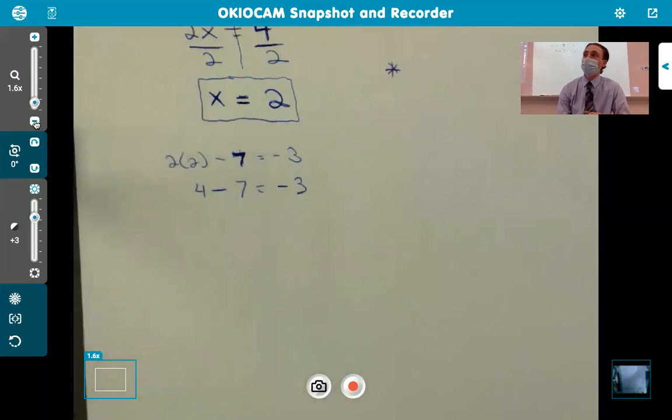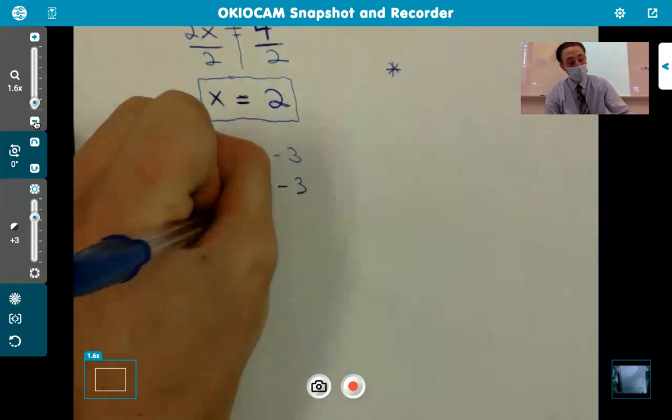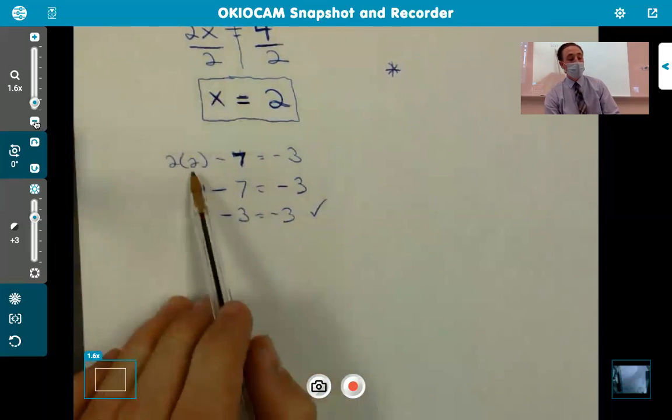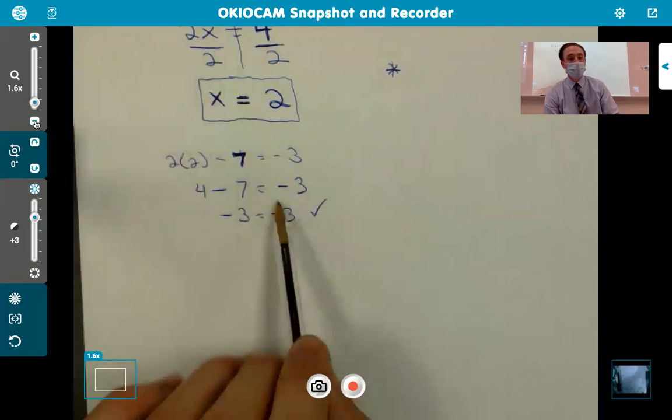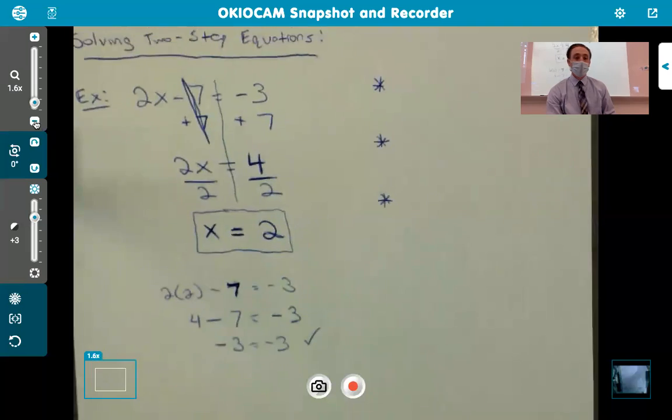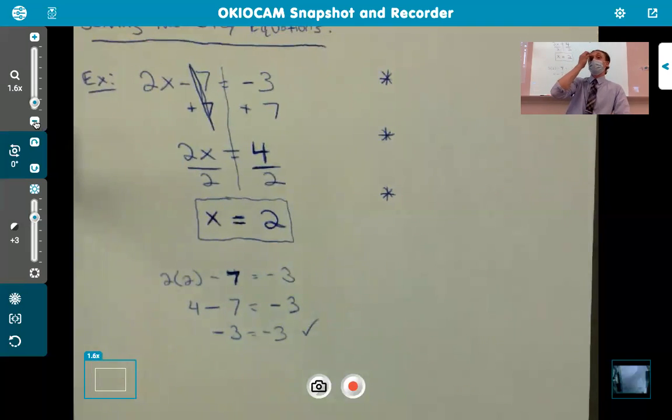Not 2. -3. And I have -3 on both sides, which is what I want, right? That means that when I plug in 2, I get the right solution. So x equals 2. Okay. Are there any questions about that first example?